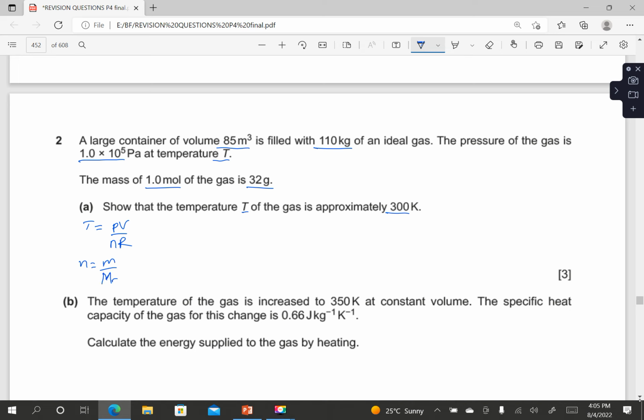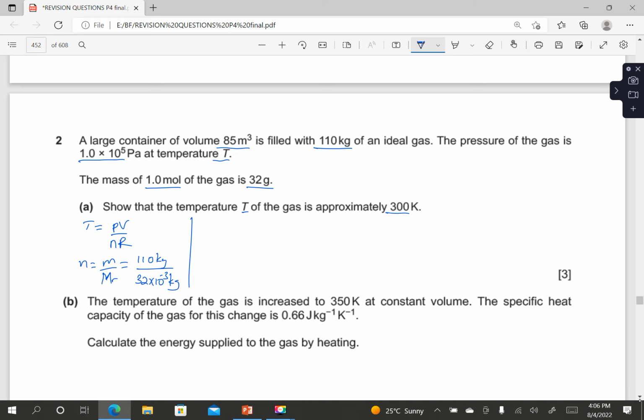These two should be in the same units. So the mass is 110 kilograms. The molar mass is 32 grams, that is the mass of 1 mole, so that is 32 times 10 power negative 3 to change it to kilograms. So this is the number of moles.